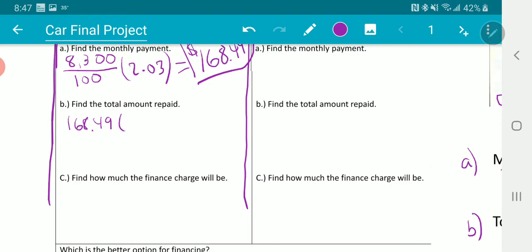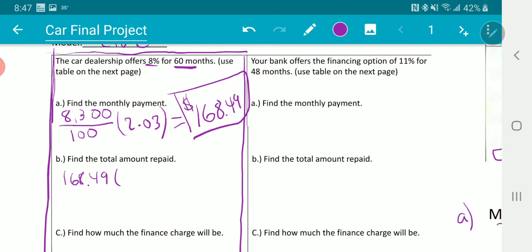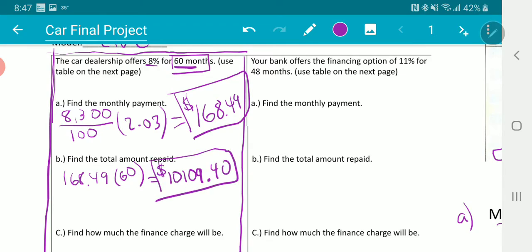How many months am I paying this for? Let's see here. Oh, up here it says 60 months. So times 60. Go ahead and plug that right into my calculator, which means I'm paying back a total of $10,109.40. This value should be higher than the cost of the car. Remember, we have to pay back interest whenever we take out a loan.